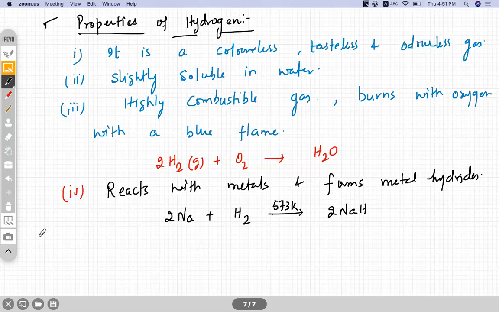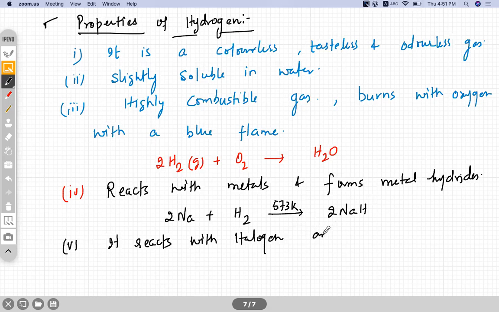Write down, it reacts with halogen and forms halides, like H2 plus X2 forms 2HX.